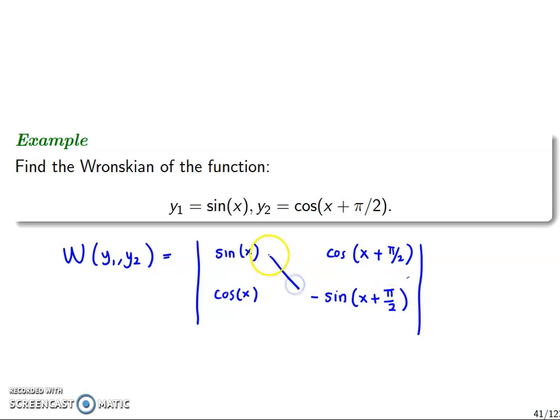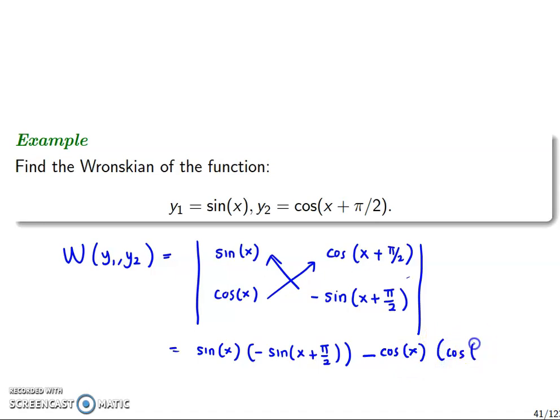Taking the determinant: sine x multiplied by negative sine x plus pi over 2, minus cos x multiplied by cos x plus pi over 2. So what do we get? We get 0. So we say this is linearly dependent, since the Wronskian gives 0.